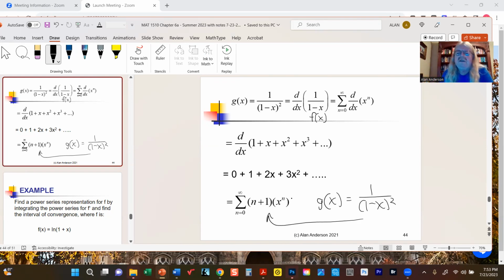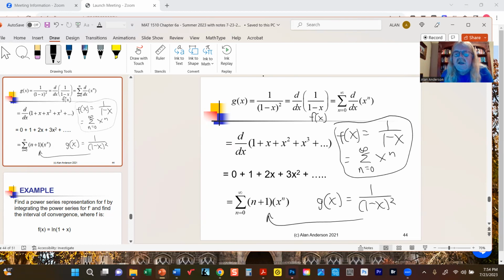So if f of x, once again, is 1 over 1 minus x, it can also be written as the sum from n equals 0 to infinity of x to the n, so its derivative is just this.